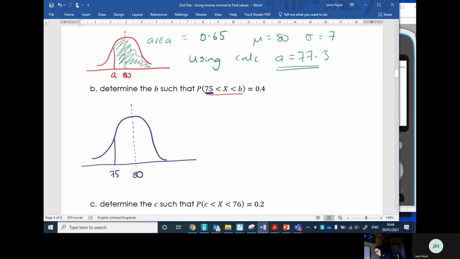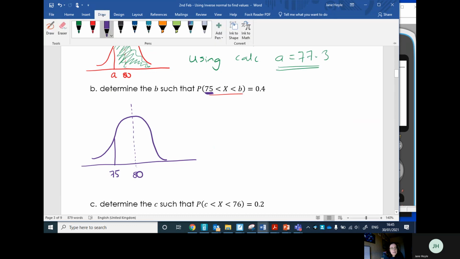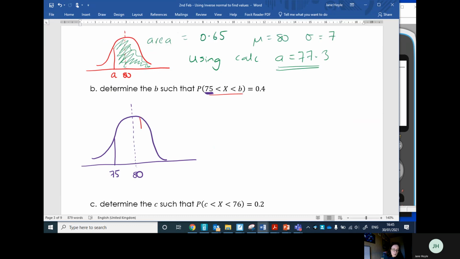And then I'm needing a value of B so that the area between 75 and this value of B is equal to 0.4. So where could I put B? B is most likely to be over here, isn't it? Because I know that halfway is a probability of 0.5.